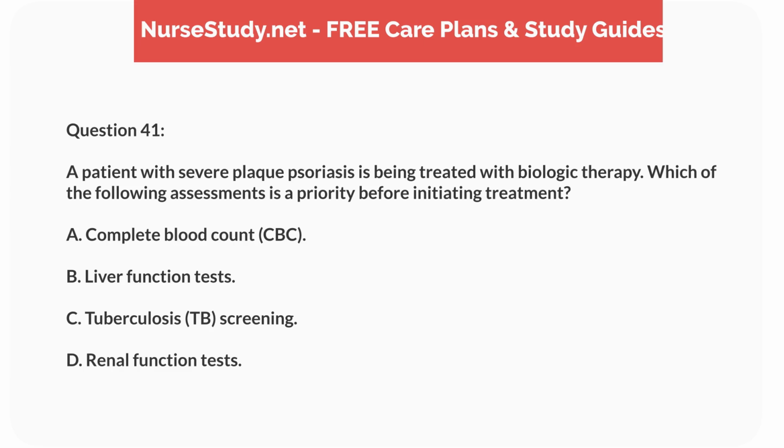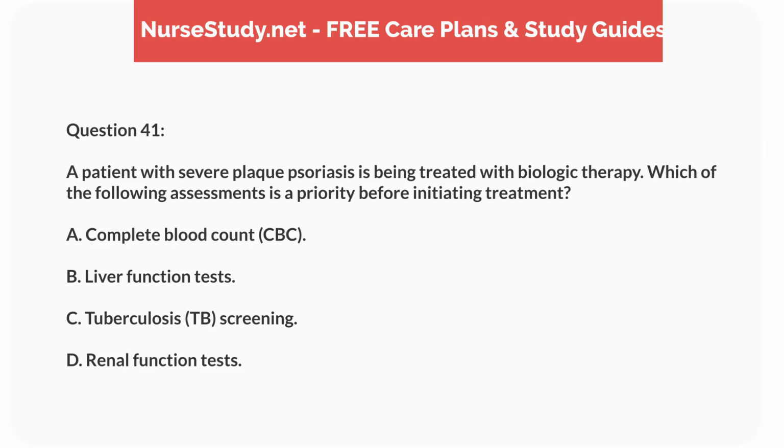Question 41. A patient with severe plaque psoriasis is being treated with biologic therapy. Which of the following assessments is a priority before initiating treatment? A. Complete blood count, CBC. B. Liver function tests. C. Tuberculosis, TB, screening.